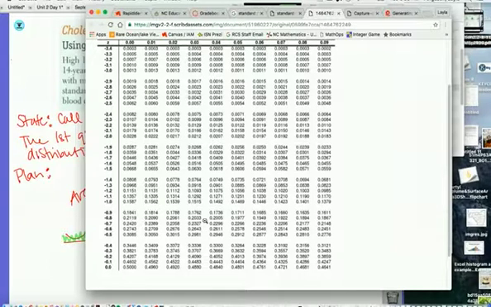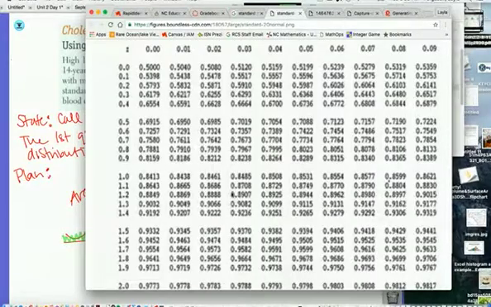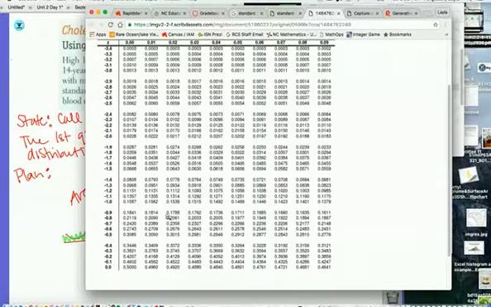I go to my negatives, because if I go to my positives, all these numbers are much bigger than 0.25. So 0.25 would be maybe negative 0.9.